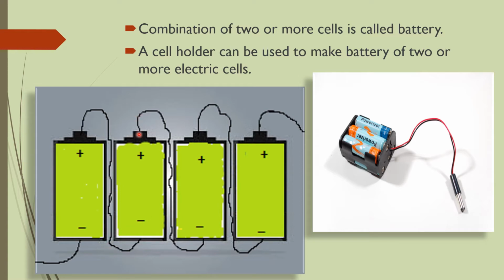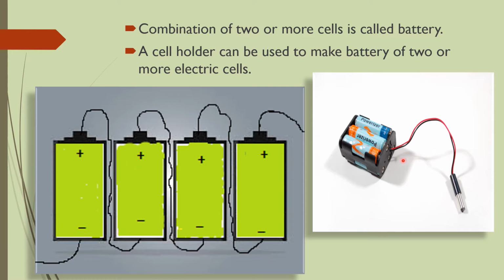Then again another wire from the positive terminal of the second cell to the negative terminal of the third cell. Now another wire from the positive terminal of the third cell to the negative terminal of the fourth cell, and one more wire will get connected from the positive terminal and here from the negative terminal. Now if you make the connection this way, the connection will be proper and your bulb will glow, or for whichever purpose you are using, it will work.